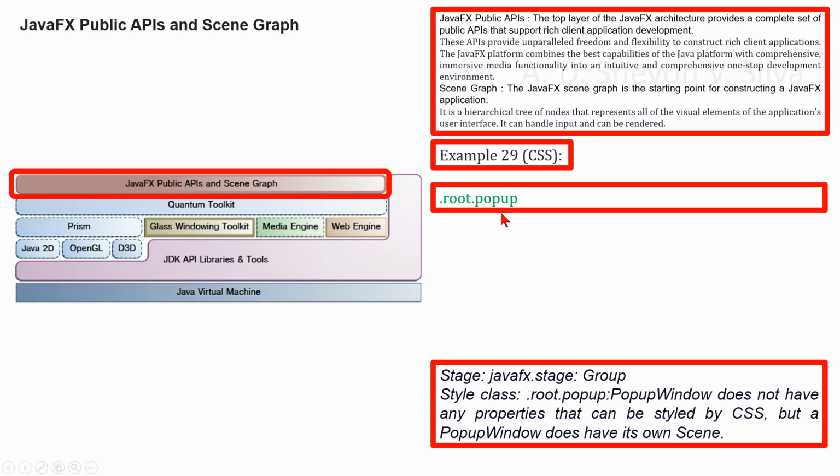If the scene is the root scene of the popup window, then the .popup style class is also added. This allows the root scene of the popup window to have a distinct style via the CSS rule .root.popup, open curly brace, then declarations and close curly brace.